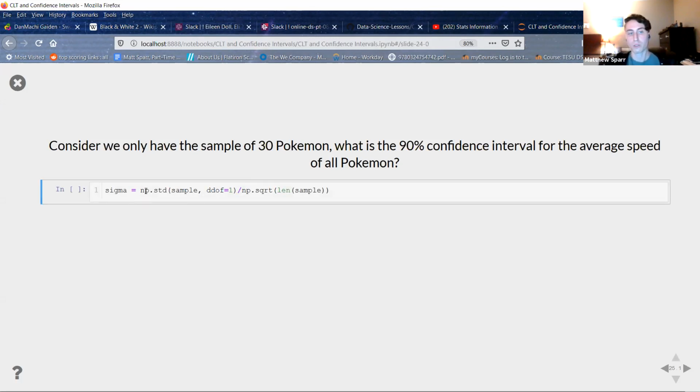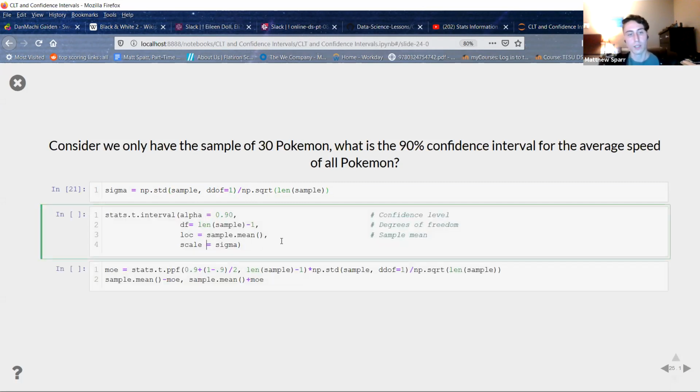So to do this, we first have to calculate sigma. So we take the standard deviation of the sample and we divide by the square root of n. Actually, that's not sigma, that's technically what's called the scale. And the reason we want that is because first we're going to calculate that interval using a different method. It's in the same library, stats, and then t for t-distribution, but we can actually use the interval function itself.